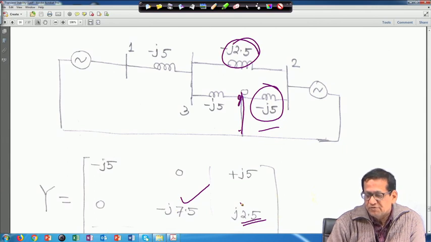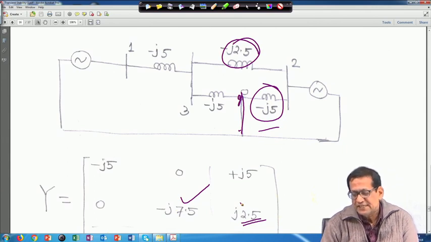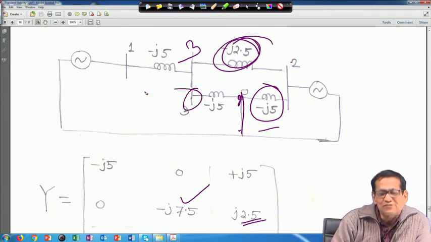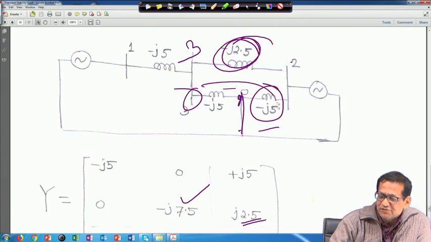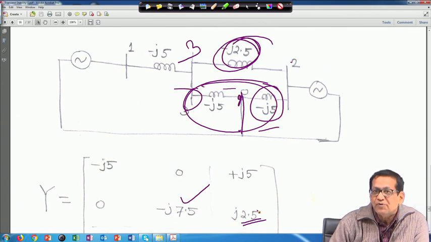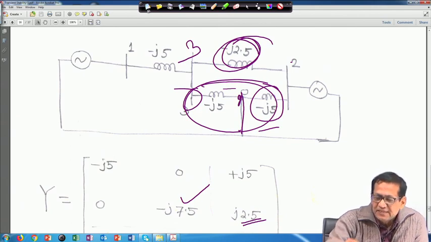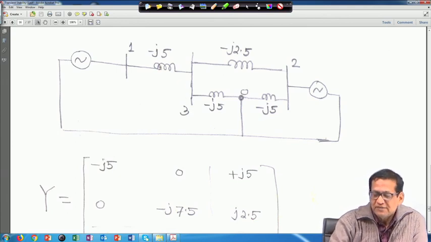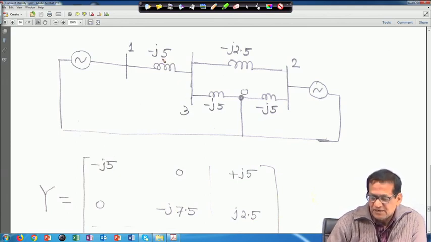If you look into 2 to 3, this is bus number 3, only this one will come because the fault has occurred. Please do not consider this side, only 2 to 3. So it is minus small y23, that is why it is plus j2.5. Similarly, Y31 is plus j5 because it is a symmetric matrix.